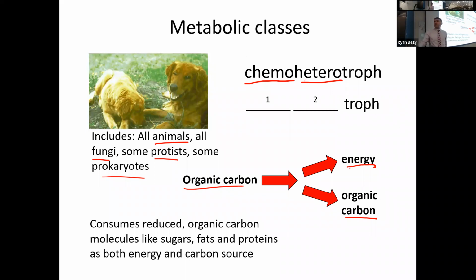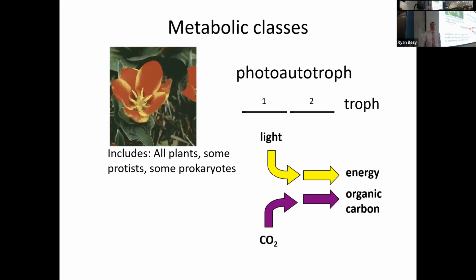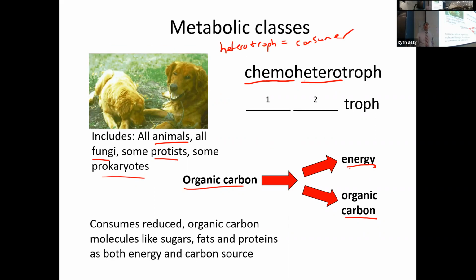By the way, we typically also refer to anything that is heterotrophic as also going to be a consumer, something we're going to talk about more here in just a second. All right, questions about that so far? So we're going to go through the other classes. There's 3 other classes in addition to chemoheterotroph. We're going to go through them just like this.